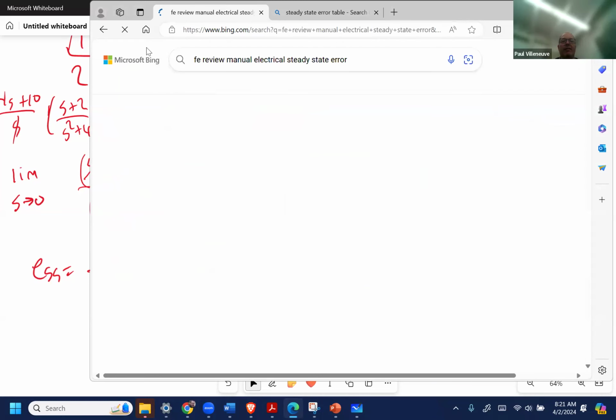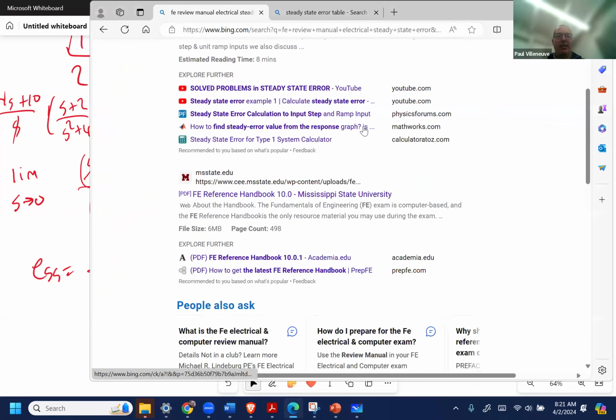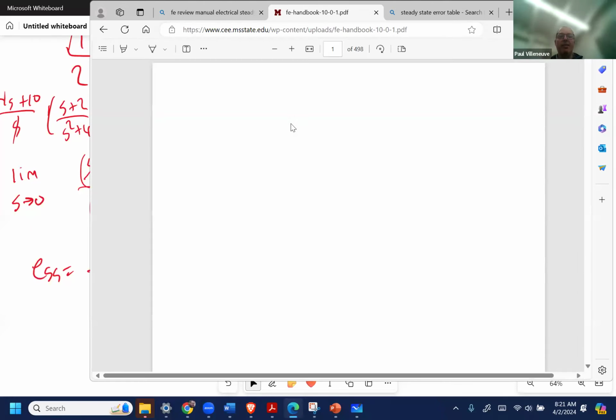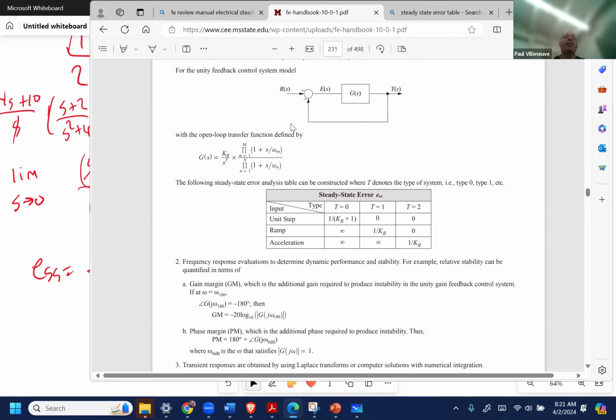I don't know if we exactly entered this, but if you look at the PE reference, and remember, I think we even went to this Mississippi State one. Yeah, it even brought us to the right page, 231, which is where we're looking. So this table, we actually showed that in class. I think again, it was before break.